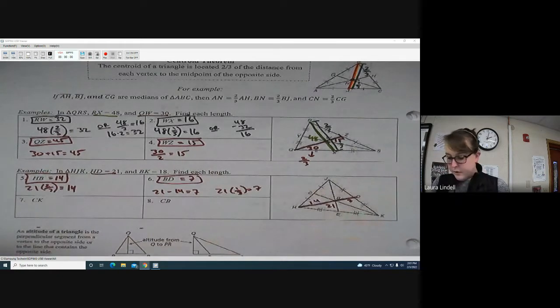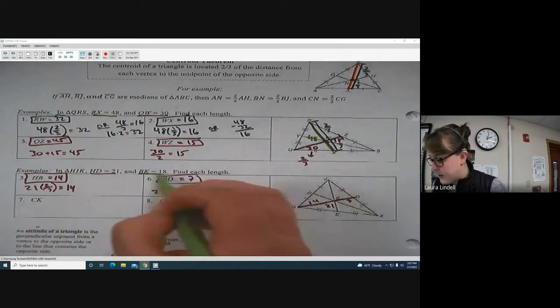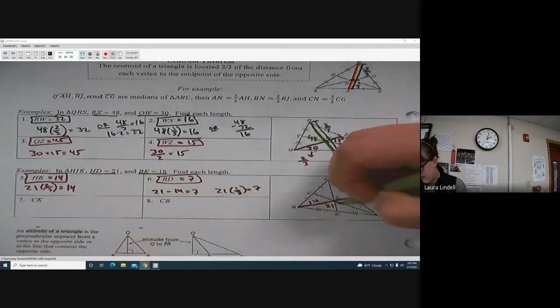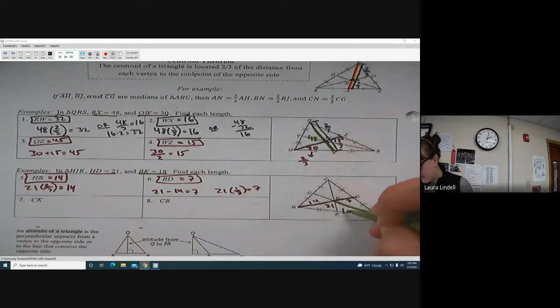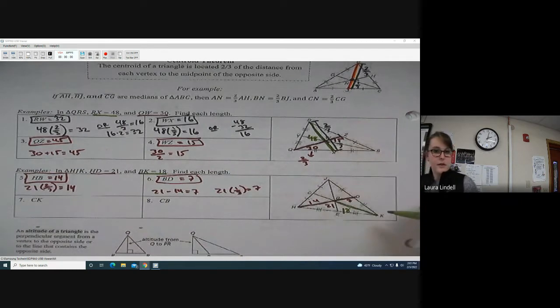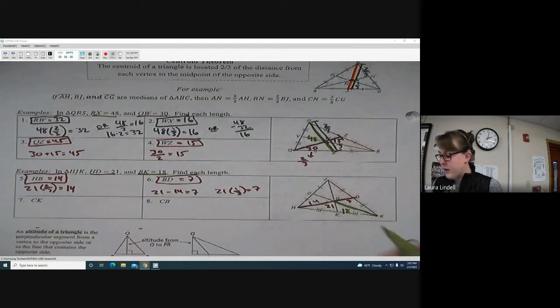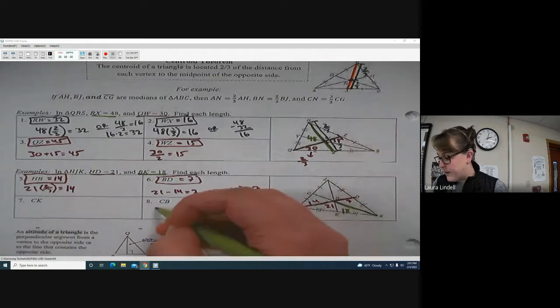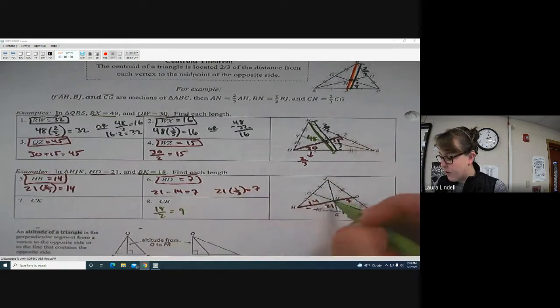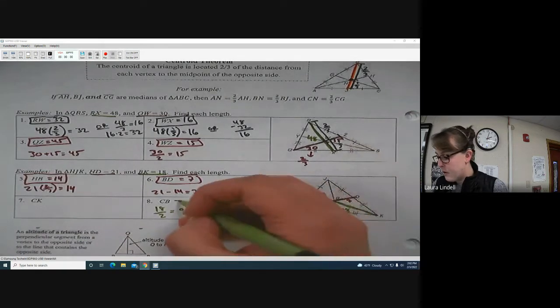Then we're also told that BK is 18. BK is right here. BK is the 2/3 portion of this whole thing. So if BK is the 2/3 portion, that means if I take 18 and divide it by 2, that gives me a 1/3 portion. So this part, BC or CB, would be 9.